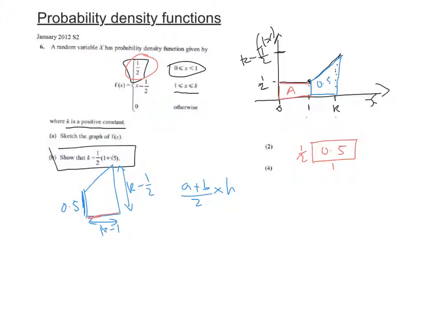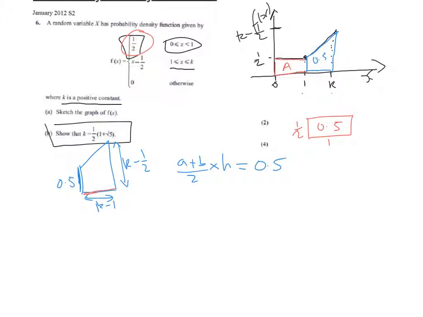So that is the area of a trapezium, and we know that the area of our trapezium here equals a half. So let's substitute in our values. a plus b are the two parallel sides, so we've got 0.5 plus k minus 0.5, divided by 2, times the distance between them, which is k minus 1, and that equals 0.5.